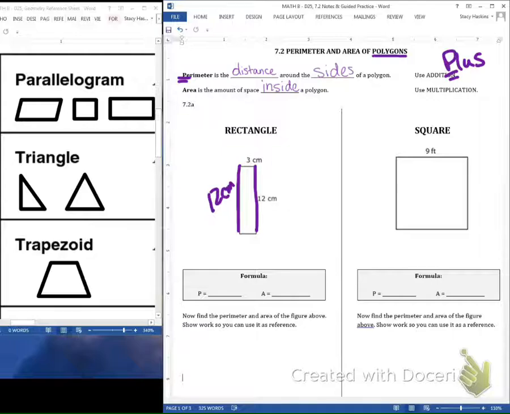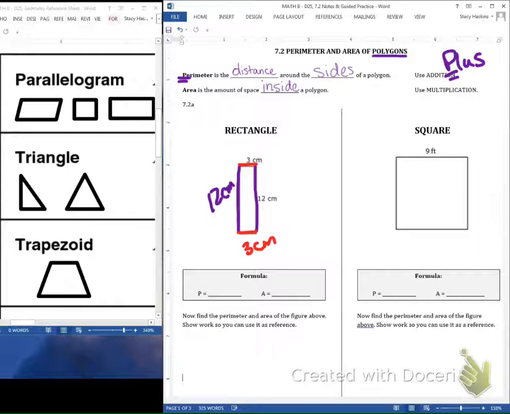Same with the 3. If we see that this side of the rectangle is 3 centimeters, we look straight across from it at the line that's parallel to it, and we can see that it's the same distance, 3 centimeters. Now we know all the sides of the rectangle, and we can calculate its perimeter.